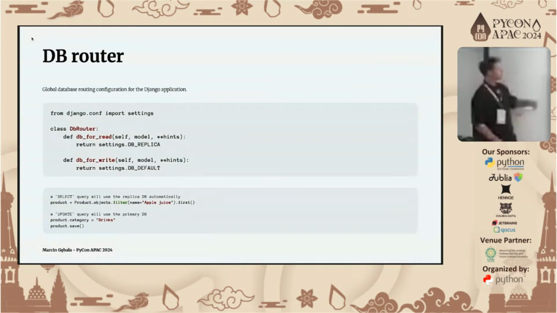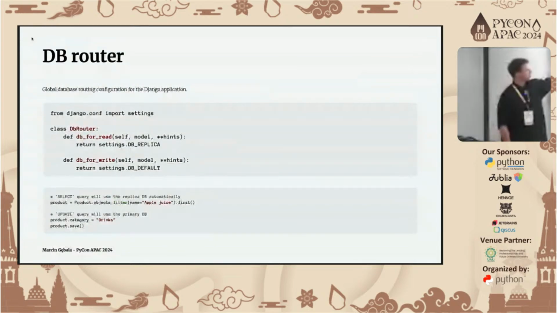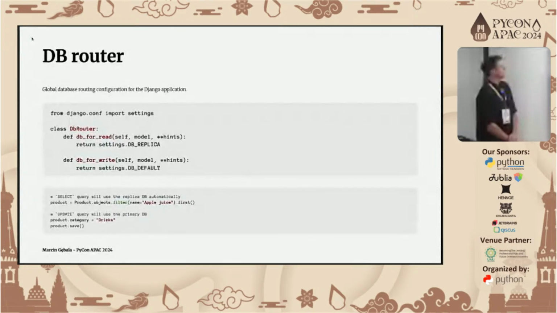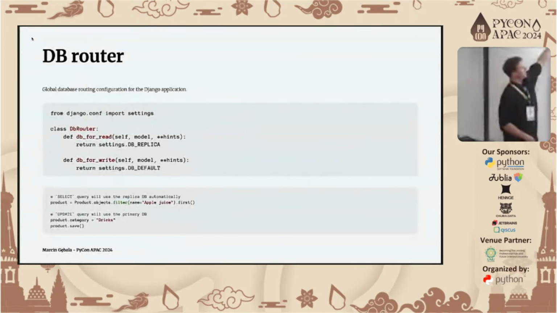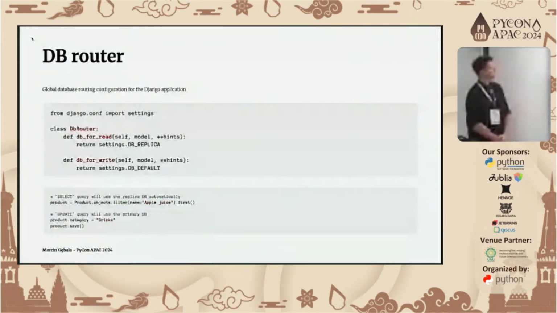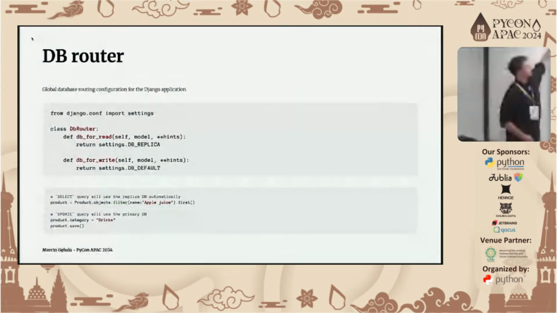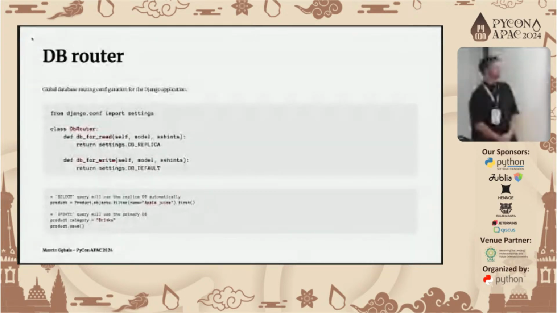Assuming that we have some product model, we are fetching the product by name and getting the first product. When Django sees this kind of query and you have this DB router configured, it will see that this is a select query, a read one, and it will use this database connection.